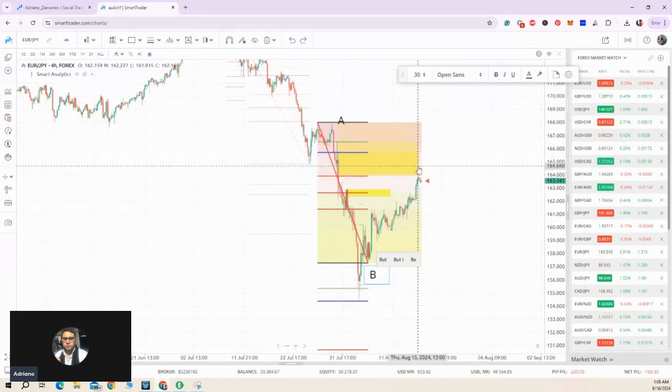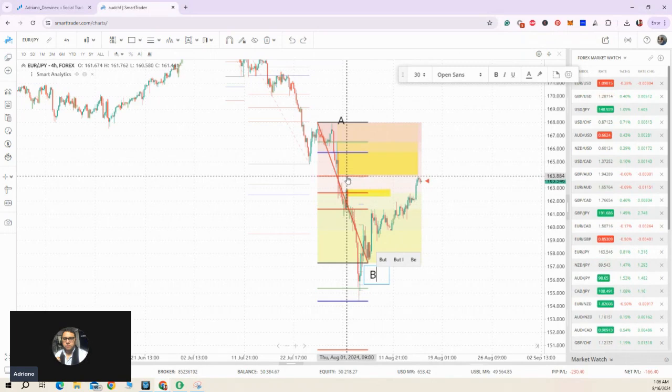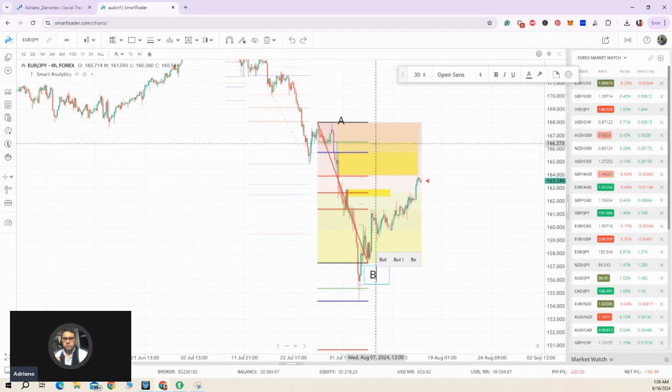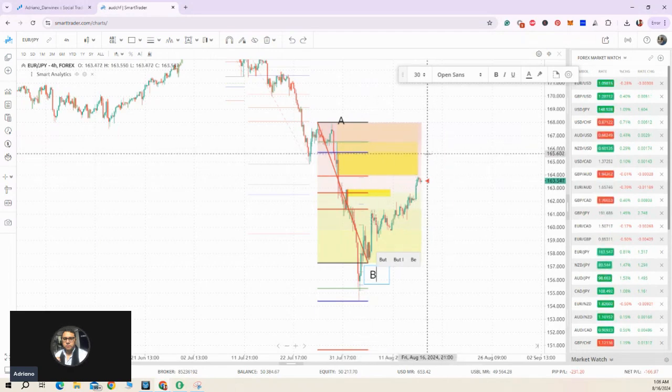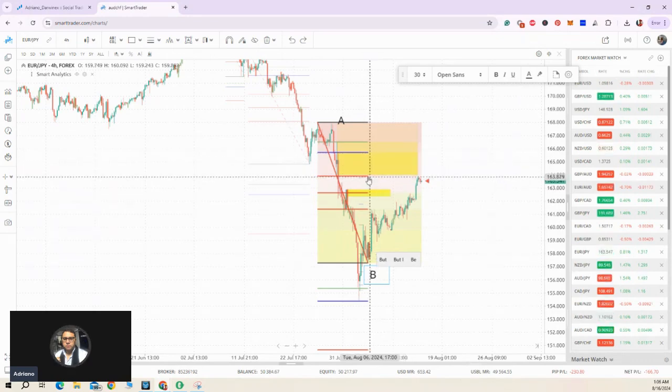So this you have to figure out, where's going to be the C. You think it's going to be the 61, the 74, the 86. We don't know, but let's assume that the retracement is going to stop here, the 61.